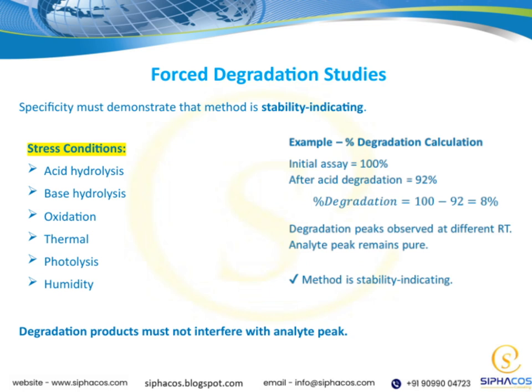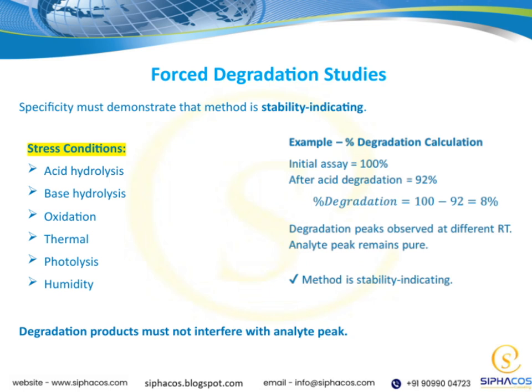Speaking of stress conditions, we perform forced degradation studies to challenge our method. These include exposing the sample to various stressors like acid hydrolysis, where we use acid to promote degradation, base hydrolysis, which involves alkaline conditions, and oxidation to simulate oxidative stress.